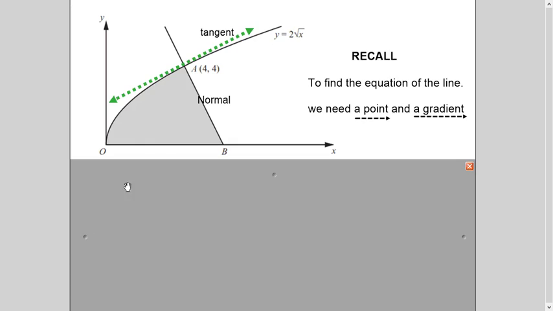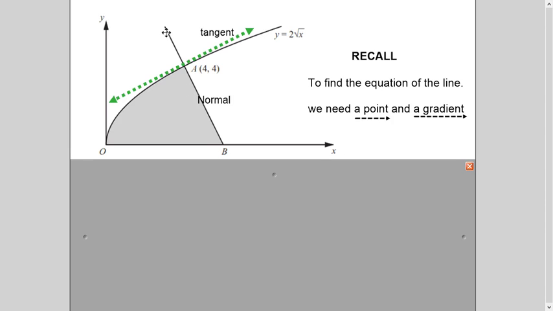So do you know that to find the equation of a line, because normal is a line, right? It's a straight line. When you have to find the equation of a line, what do you need to know? You need to know a point on that line and the gradient of that line, right? Now, on this line, which is normal to the curve at this point, we know one point on the line, which is (4, 4).